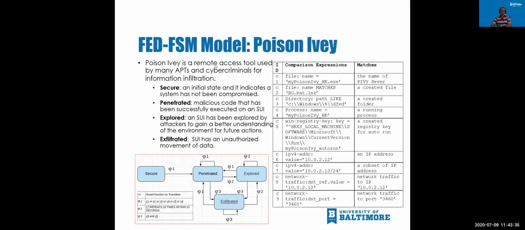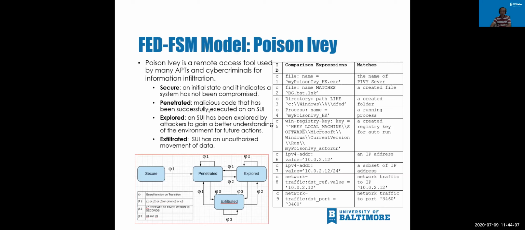Okay, I'm going to give one example. This state machine model describes the behavior of a system under investigation impacted by Poison Ivy. Poison Ivy is a remote access tool used by many APTs and cyber criminals for information infiltration, meaning they try to steal information.